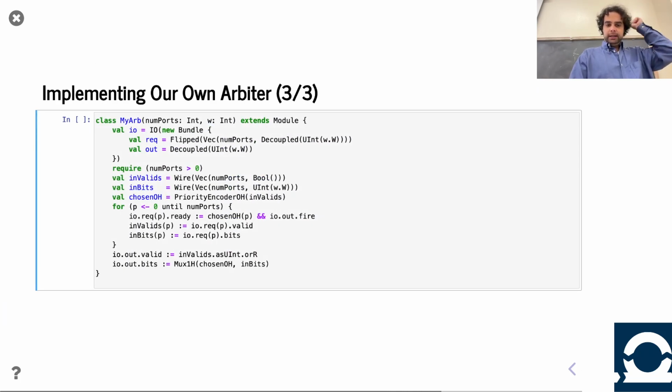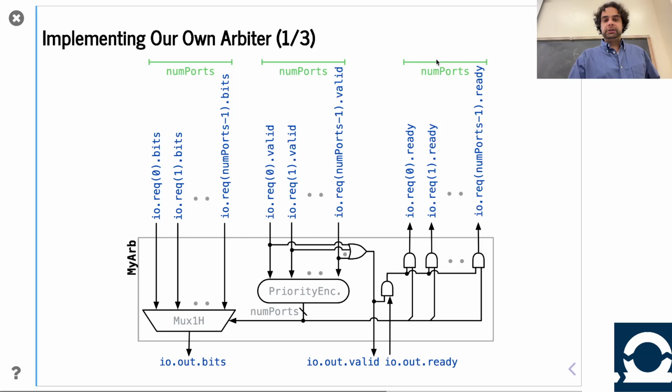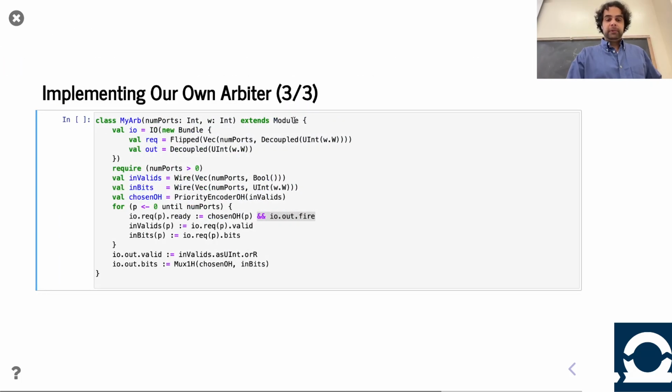Well, one thing we can do, like we showed in the actual diagram, is set the ready bits to be based on the output of the priority encoder and the AND gate. That's going back to the row of AND gates, which is what this is showing. So that removes the need to have that unencoding of the one hot encoder.